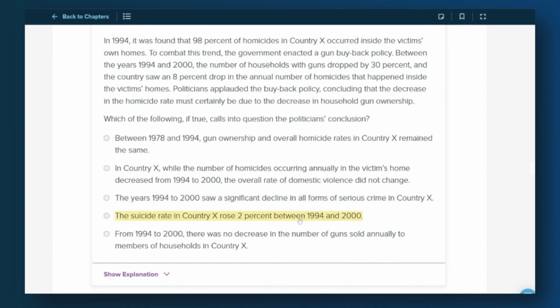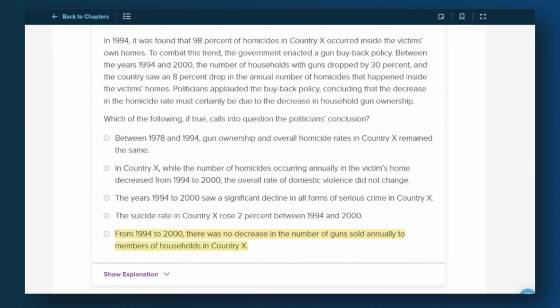D. The suicide rate in Country X rose 2% between 1994 and 2000. Again, we're not talking about suicides in this question, only homicides, so this does not pertain to our argument. And E, from 1994 to 2000, there was no decrease in the number of guns sold annually to members of households in Country X. This choice seems to call into question one of the premises, which, as we all know, is not how the GMAT works.